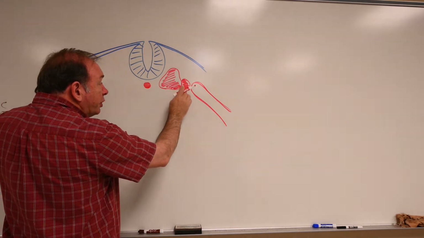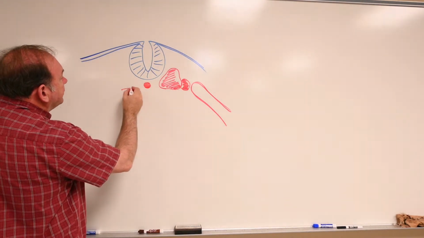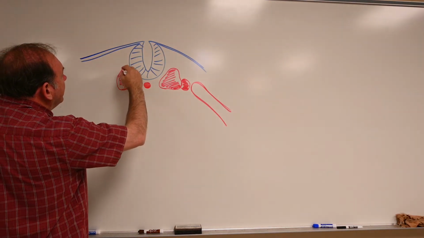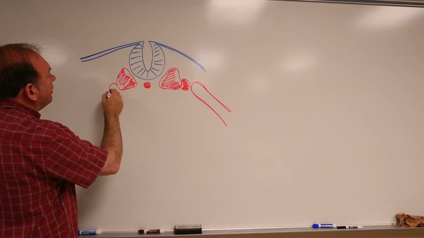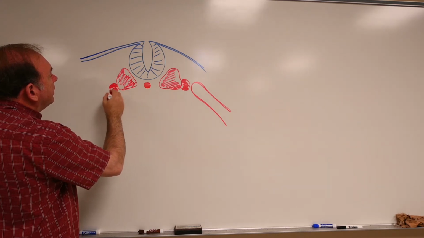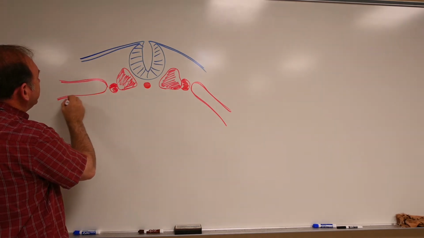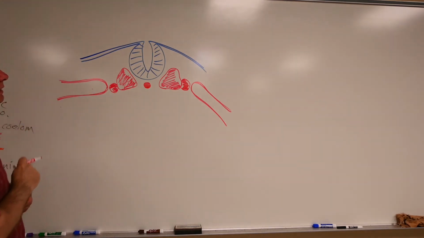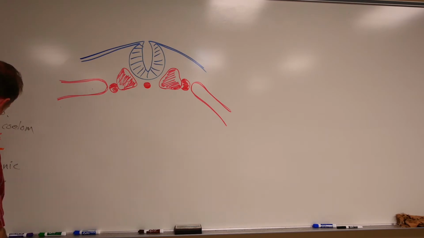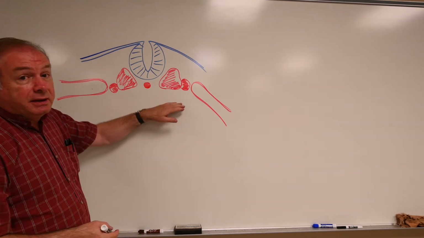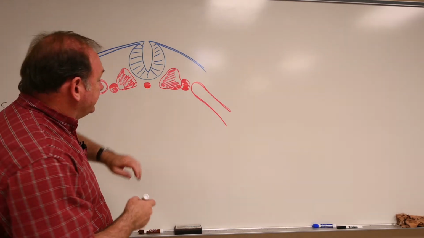This is going to be called a somite, and that's going to be called intermediate mesoderm. So here's our somite here, our intermediate mesoderm here, and then our somatic layer of mesoderm and our splanchnic layer of mesoderm, coelom space in between. So the important thing in this picture is just the separation of mesodermal layers.